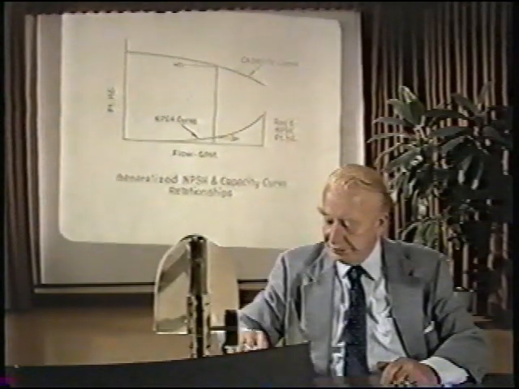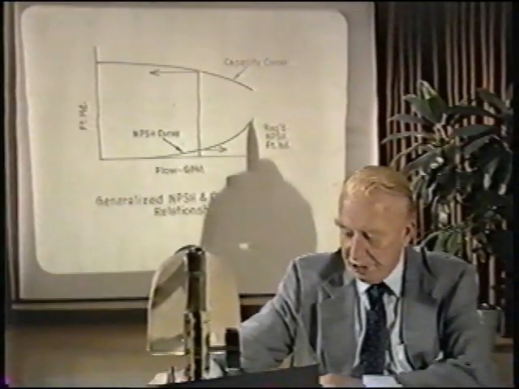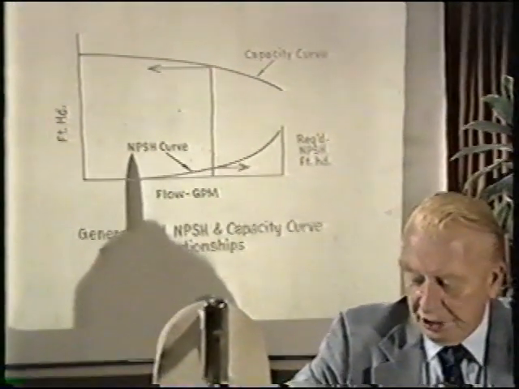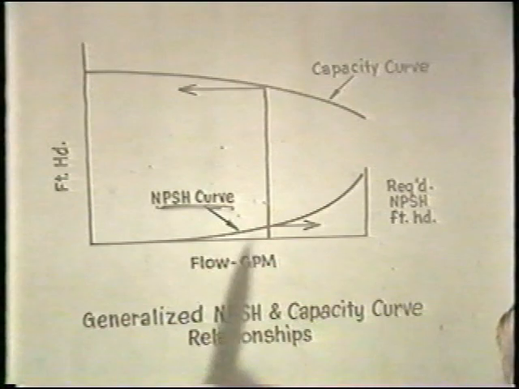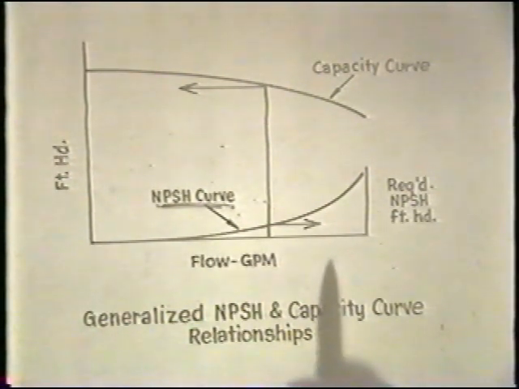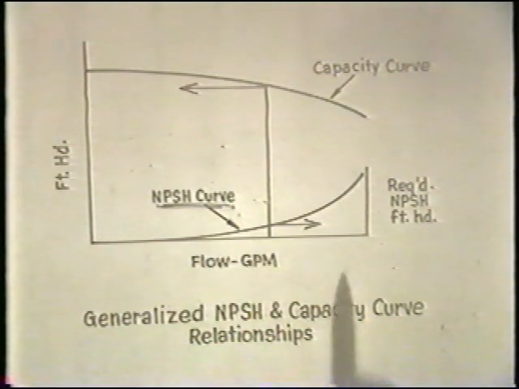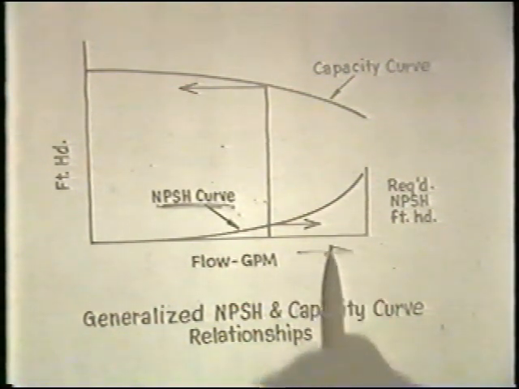The pressure drop is illustrated on the pump curve by a separate curve, which is called the NPSH curve. It's a required NPSH, and illustrates that similar to pressure drop through a valve of a fixed size, that pressure drop will increase as flow increases.